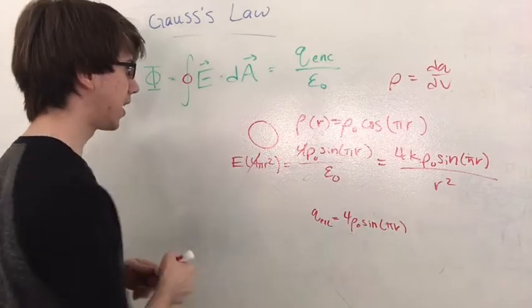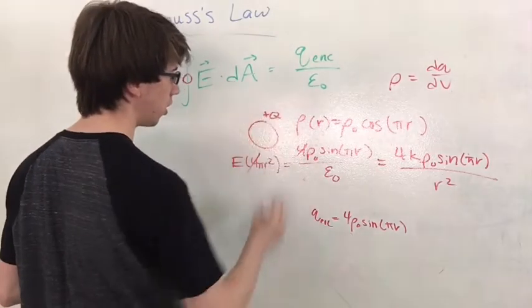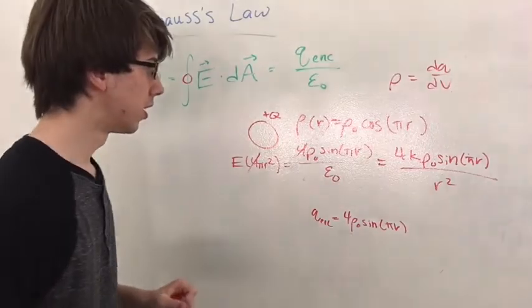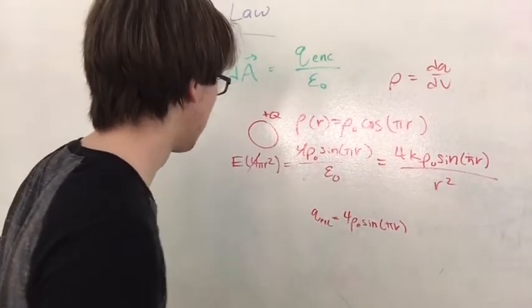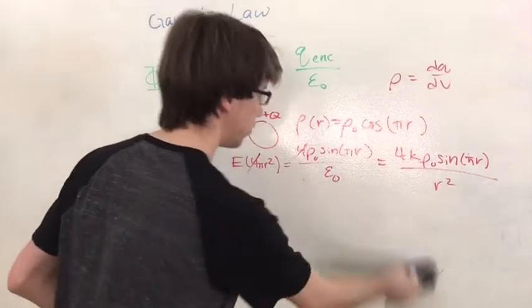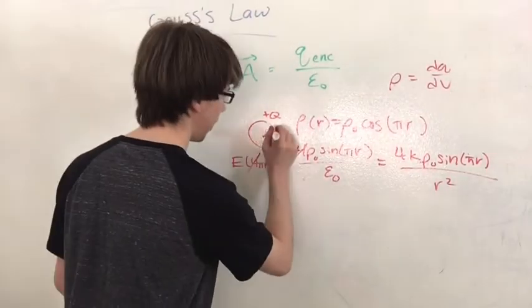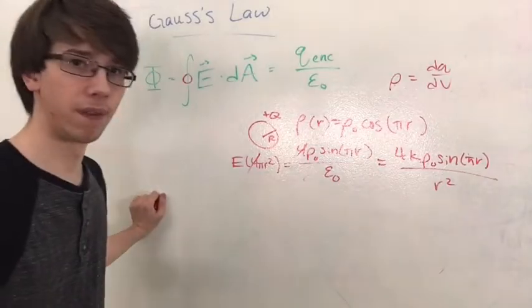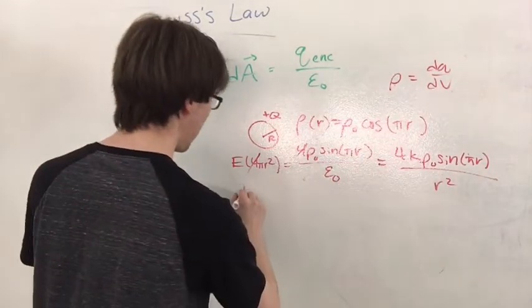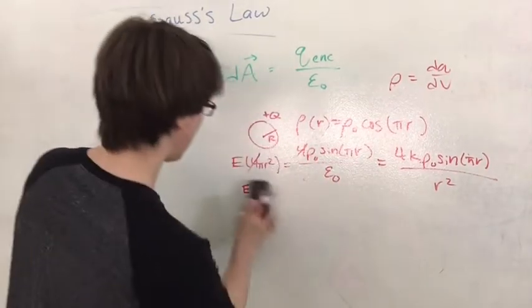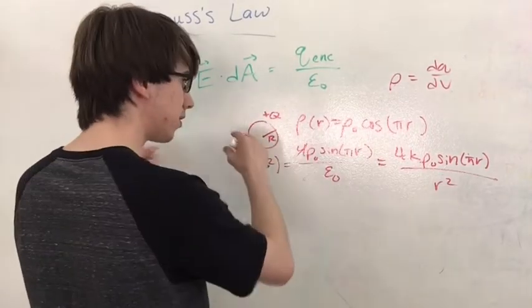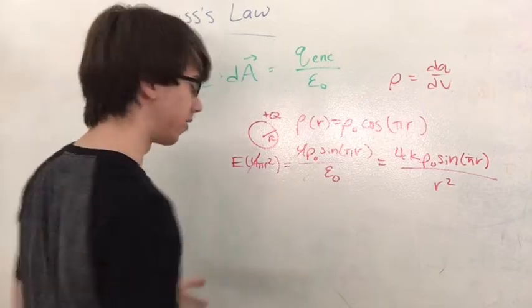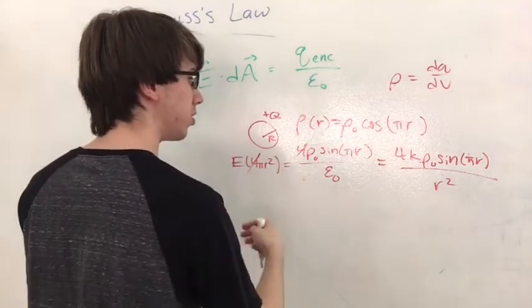Now, let's say that the overall charge of this sphere is plus q. So now we need to solve for rho naught. Let's say the radius is capital R. When little r is equal to big R, our Gaussian surface is the same exact dimensions as the sphere.